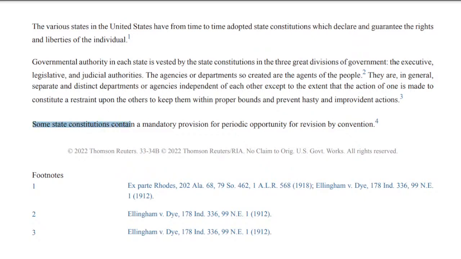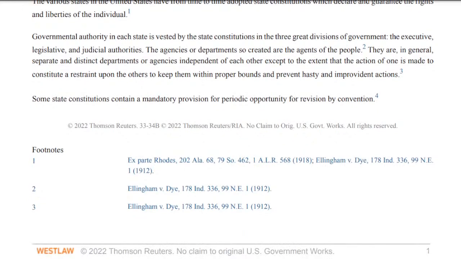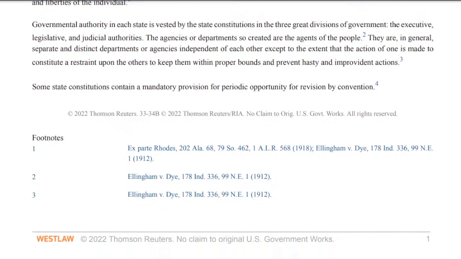Some state constitutions contain a mandatory provision for a periodic opportunity for revision by convention. So we've heard of constitutional conventions, mandatory provision for a periodic opportunity, but again, that's not required to do, just to have an opportunity prescribed to do it.